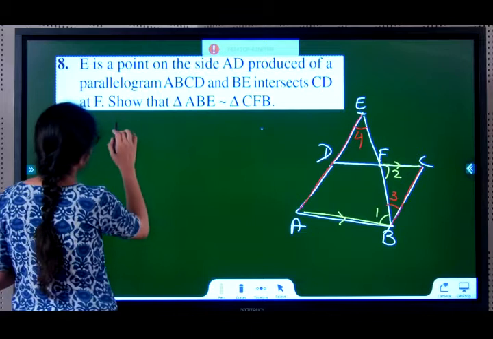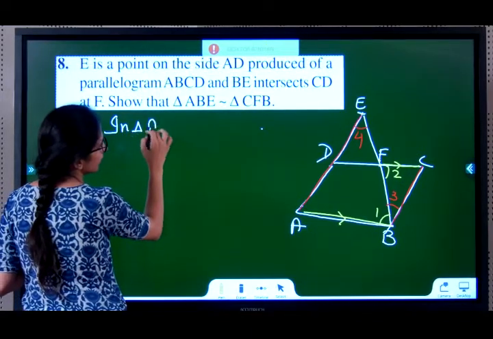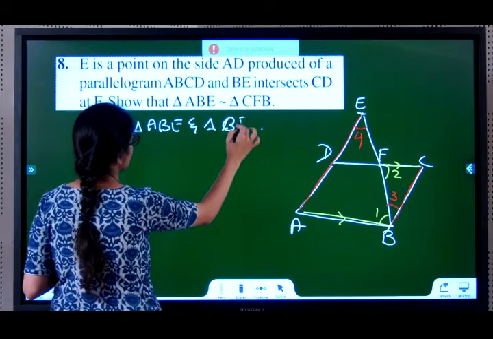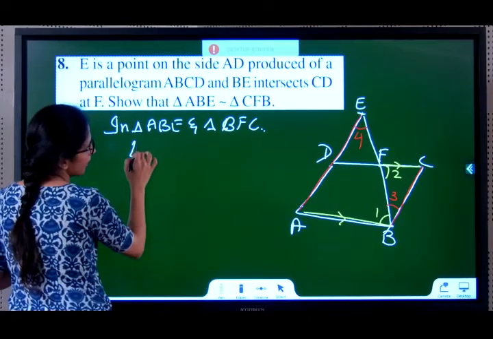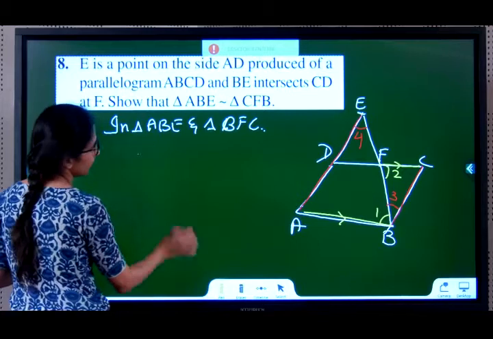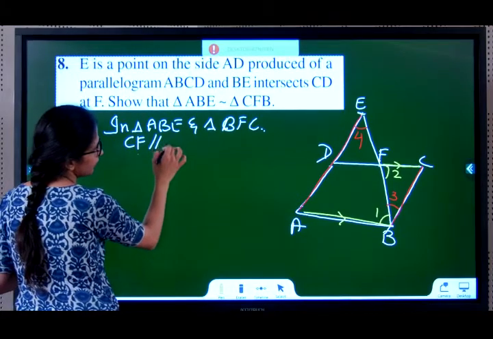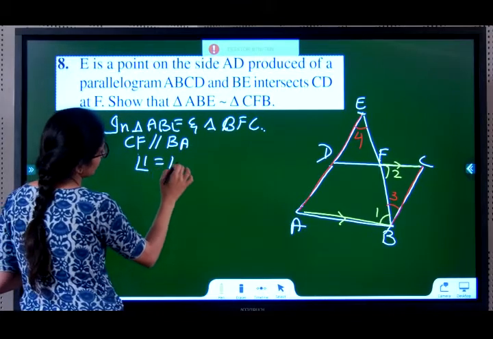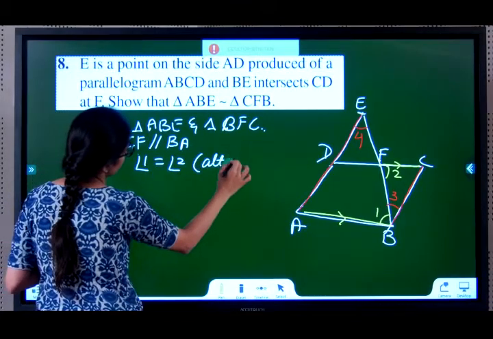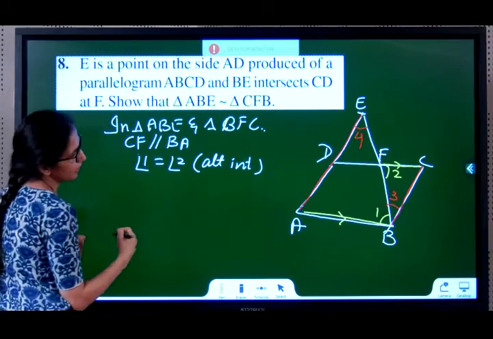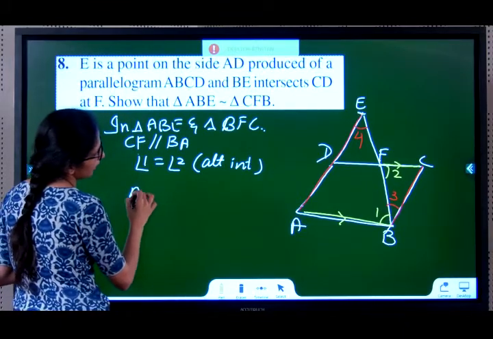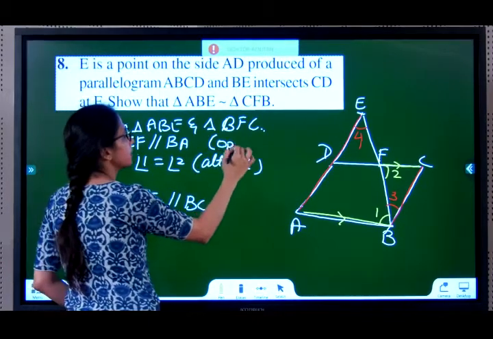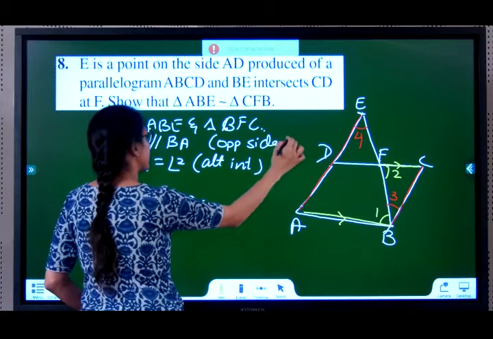Let's write it. So you've taken the 2 triangles, triangle ABE and triangle BFC. First you write the reason: CF is parallel to BA or AB. So I can write angle 1 equals angle 2, reason being alternate interior angles. Now you are changing your parallel line set. So now you write AE is parallel to BC. Why is it parallel? Because opposite sides of a parallelogram are parallel.